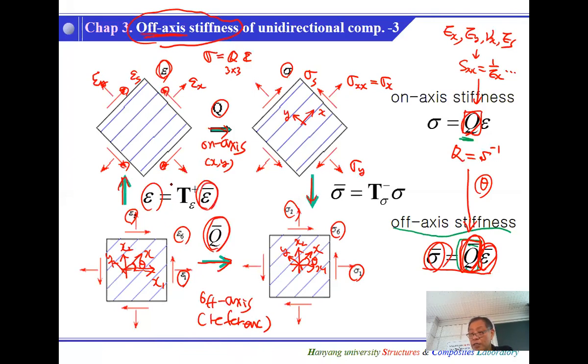What is the relation? The relation is given by the strain transformations, you know, the Mohr circle thingy. And the on-axis stiffness relates these. And once we have sigma, how do we get sigma bar?